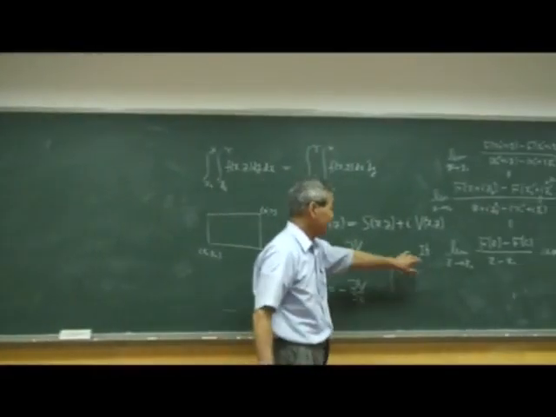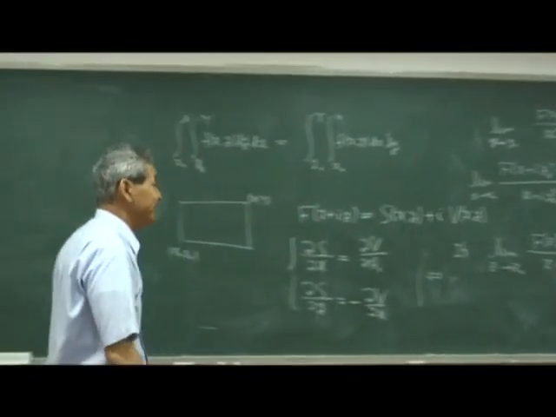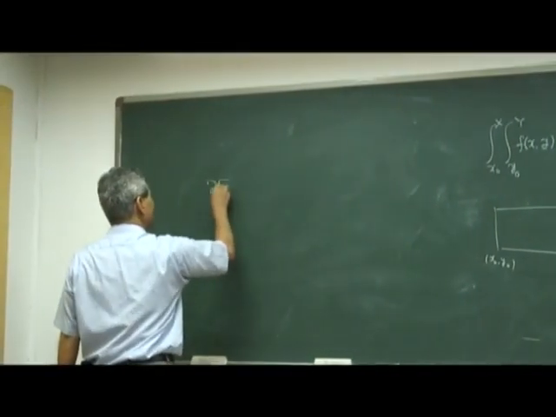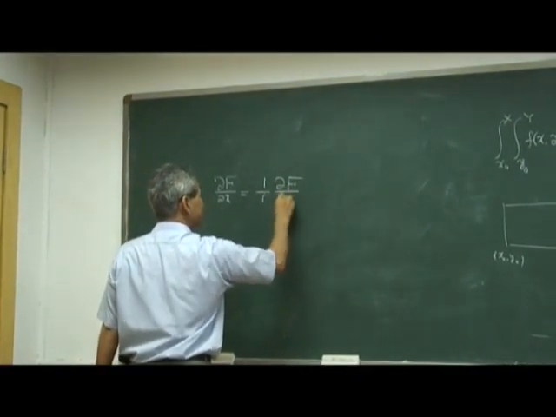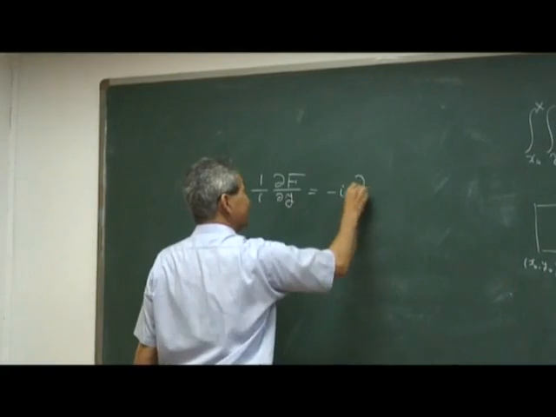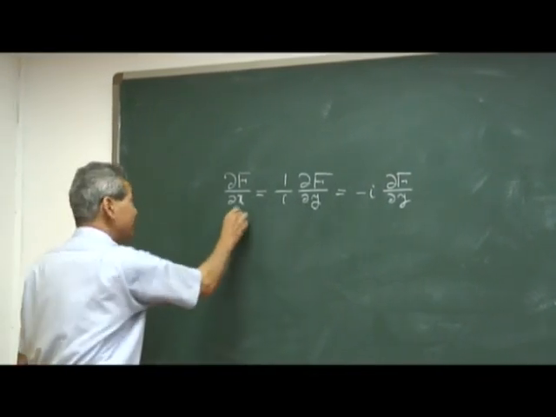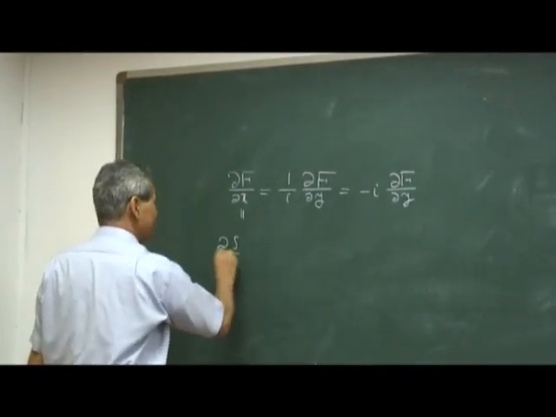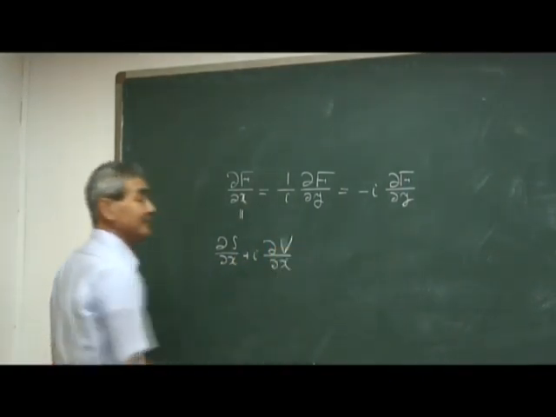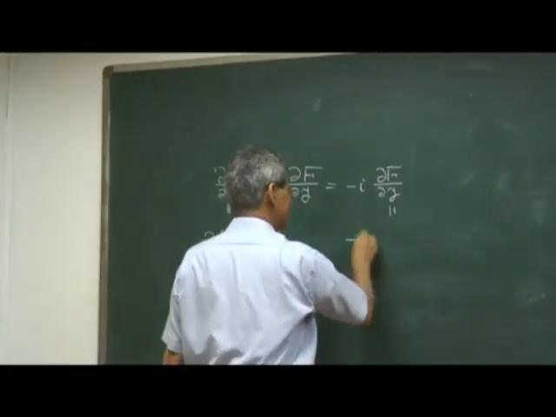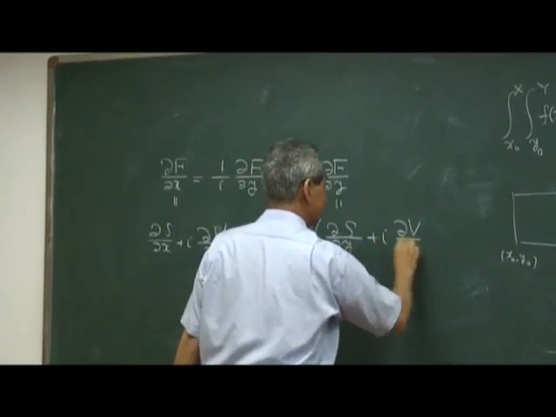If this hypothesis holds at any z0, that implies that df/dx should be equal to 1 over i times df/dy. Then you can write this as du/dx plus i dv/dx, and here minus i du/dy plus dv/dy.